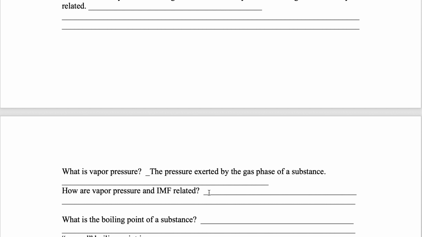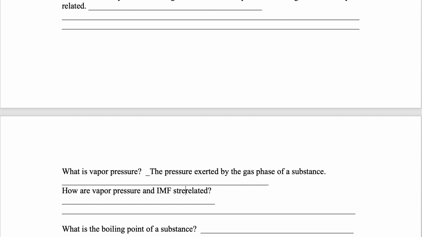So how are vapor pressure and IMF strength related? IMF strength and vapor pressure are also inversely related, because vapor pressure is the pressure of the gaseous phase of a substance that has turned into a gas.